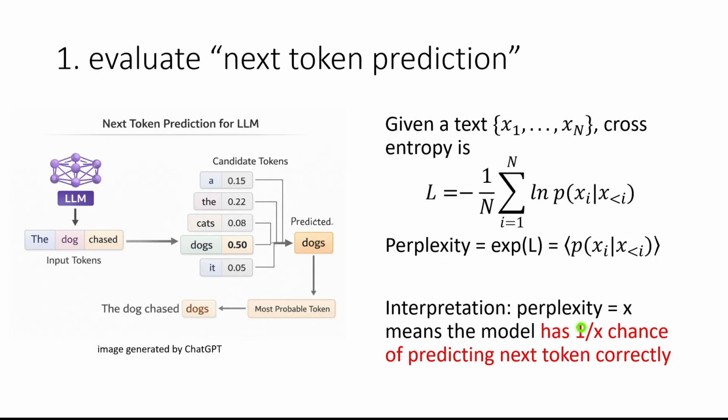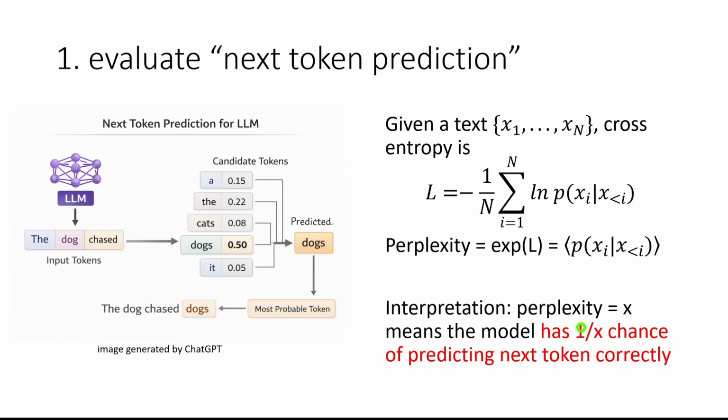It may not seem impressive to have 1 over 5 or 1 over 10 correctness. But in reality, considering the vocabulary has a size of maybe 10,000, we actually reduce the number of choices from 10,000 all the way to 5 to 10, which is very impressive.